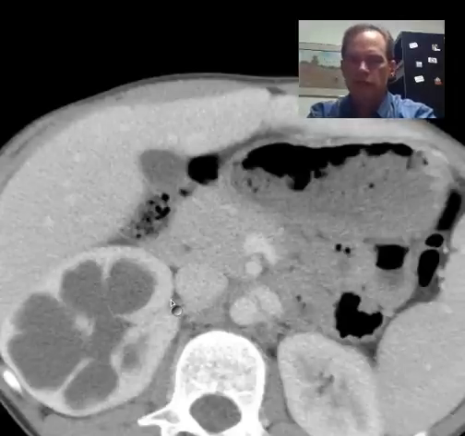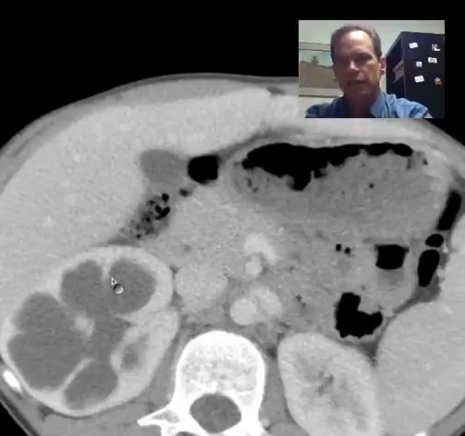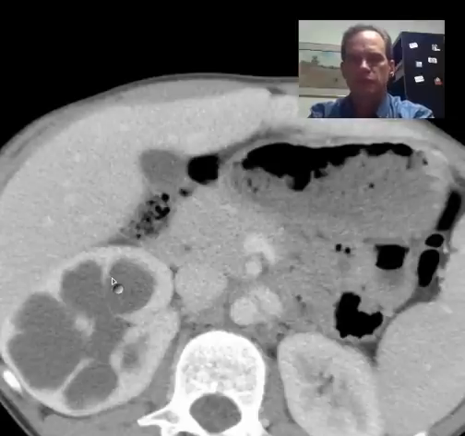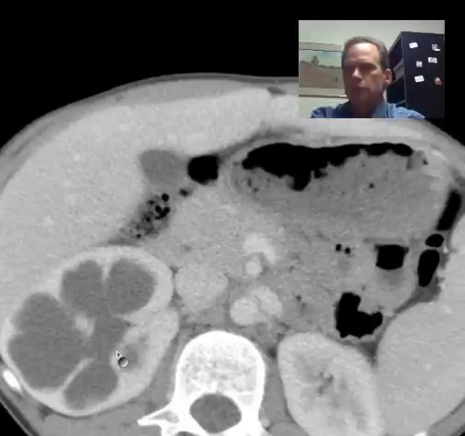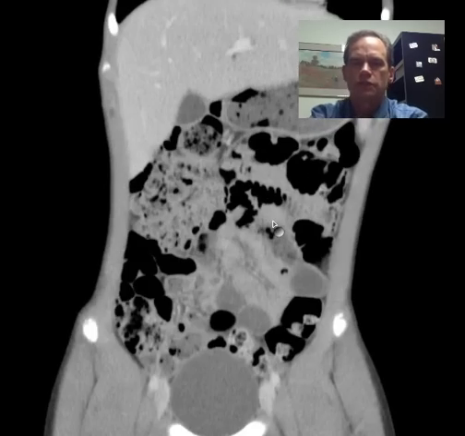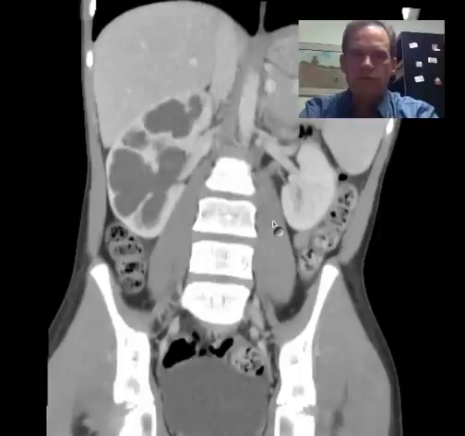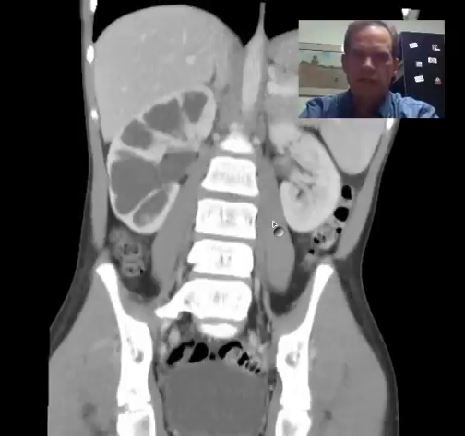So why is it that an acute stone would not give you this appearance, and a chronic UPJ obstruction, which typically has been present for years, if not the patient's entire life, the kidney acclimates to the back pressure from the obstructed ureter at the ureteropelvic junction, and here again the coronal images are very nice to look at here.